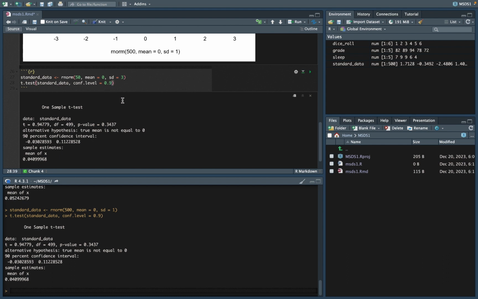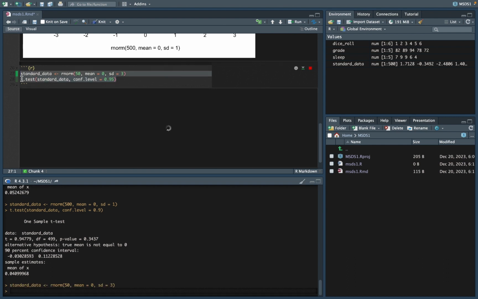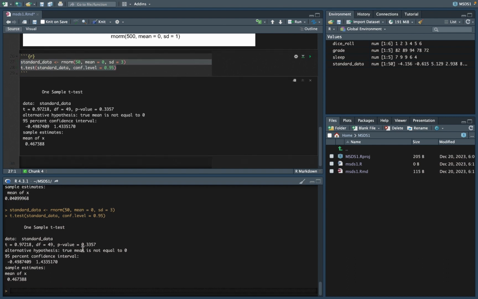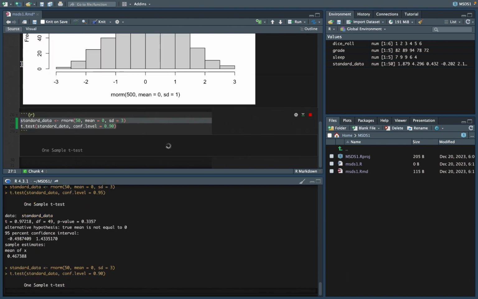Even if we increase our confidence level, let's see what we get from there. Right, so our confidence interval significantly increased because, well, actually, I guess increasing the confidence level doesn't decrease the interval.